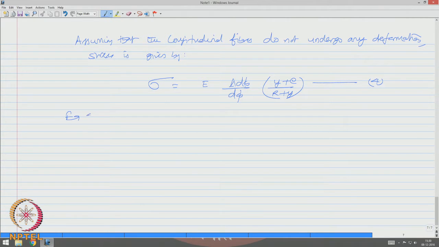Equation 4 shows that the stress distribution is non-linear, because you got the components of delta d phi by d phi. It is seen that the stress variation is hyperbolic.